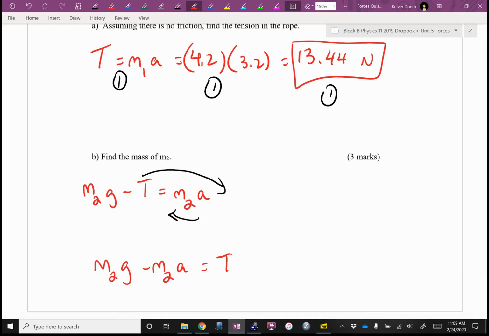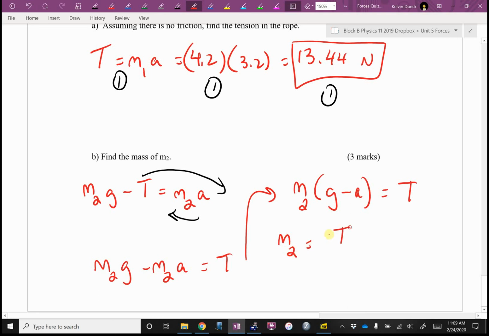It'd be really neat if there was a Math 9 operation that I could pull out of my back. What? I can factor out a GCF. I'll get M2 bracket G minus A equals tension. And so now to get the M2 by itself, just divide the bracket over.